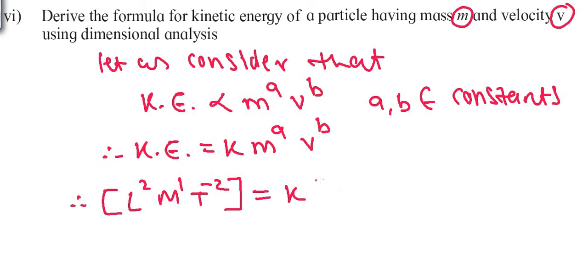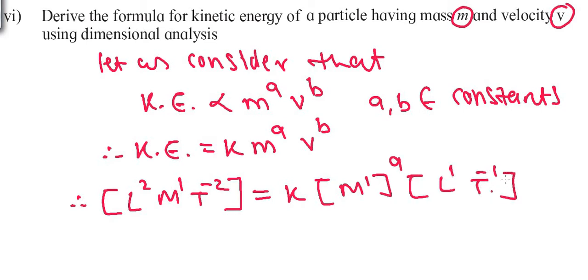That is equal to K into M raised to a, M mass. So mass dimensions are M raised to 1, raised to a. V velocity dimensions are L raised to 1, T raised to minus 1. Meter per second is the unit of velocity. Therefore we get L raised to 2, M raised to 1, T raised to minus 2.